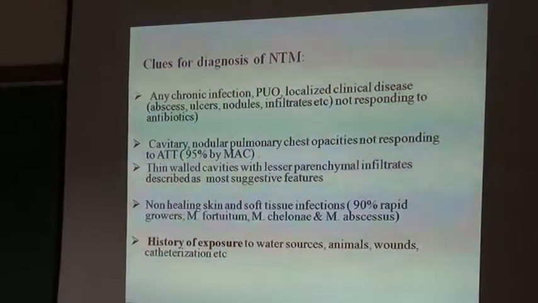But out of this, the most characteristic feature is the presence of a thin walled cavity with lesser parenchymal infiltrate, described as the most characteristic feature for diagnosis of NTM infection. Similarly, non-healing skin and soft tissue infection is also one of the important things for diagnosis of NTM infection. History of exposure to water sources, animals, wounds or catheterization is also important for the diagnosis of NTM infection.